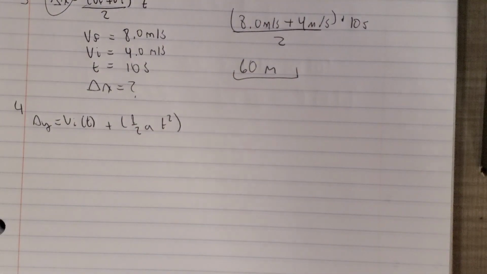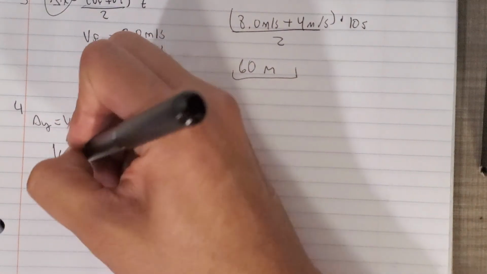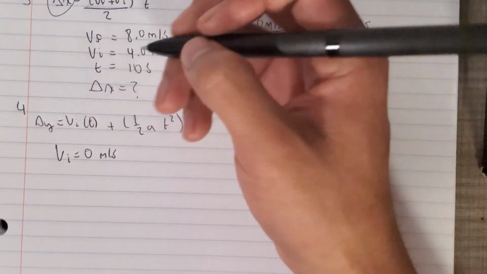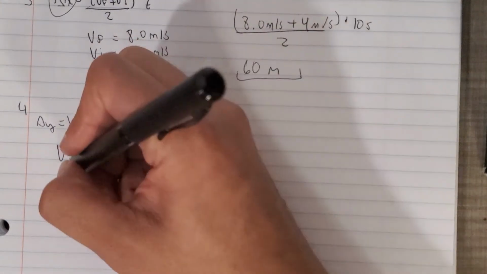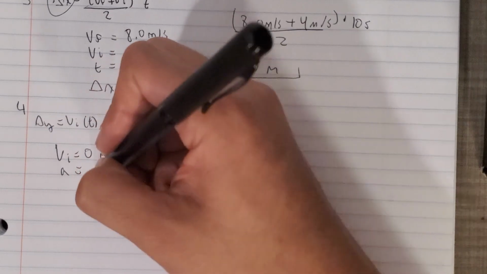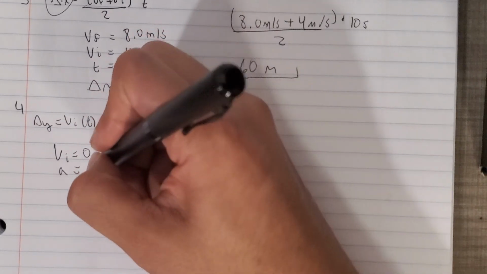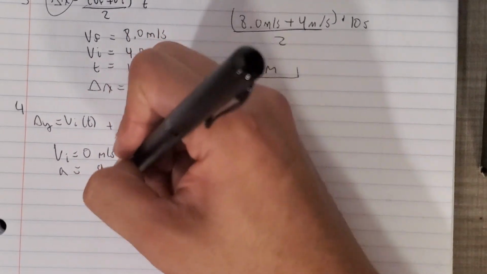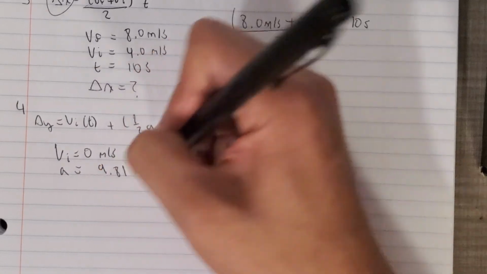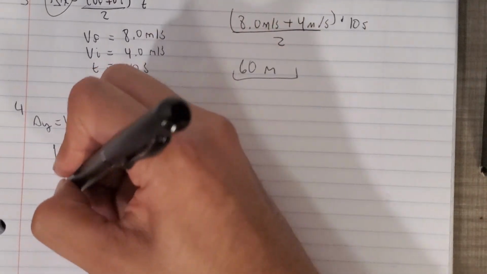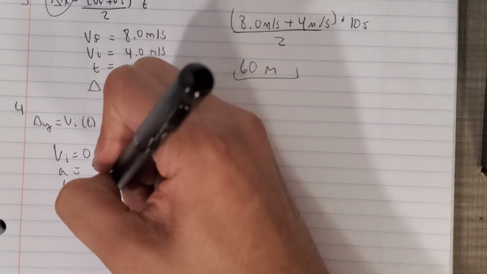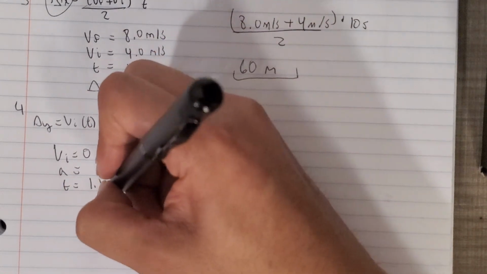Initially the sentence says a ball at rest. That means that our vi equals 0 meters per second. Acceleration equals 9.81 meters per second squared. And our time is 1.1 seconds.